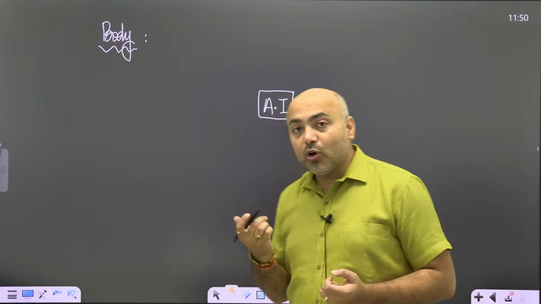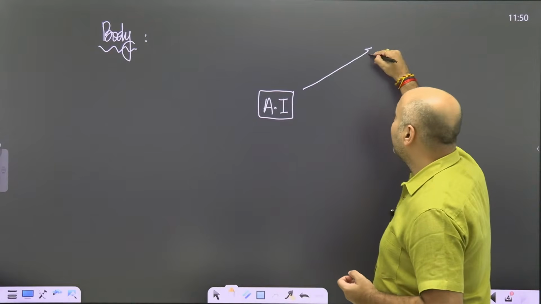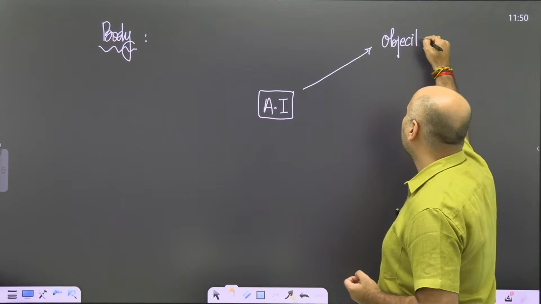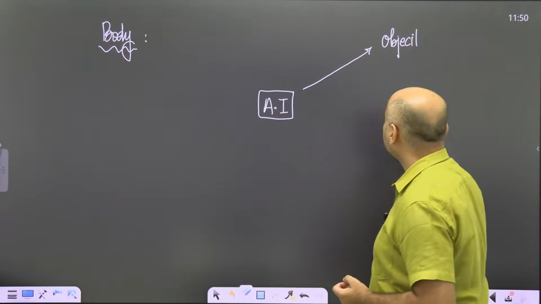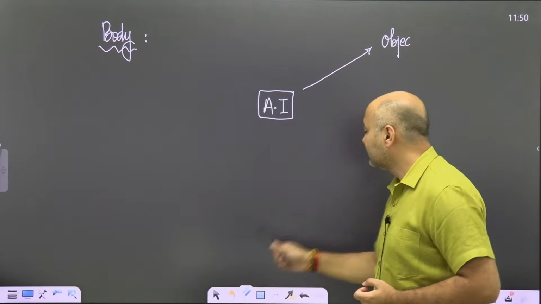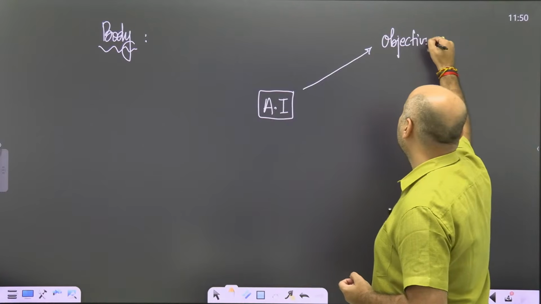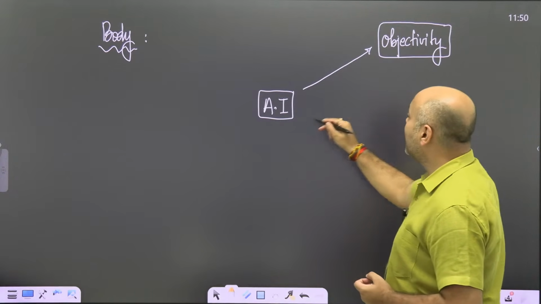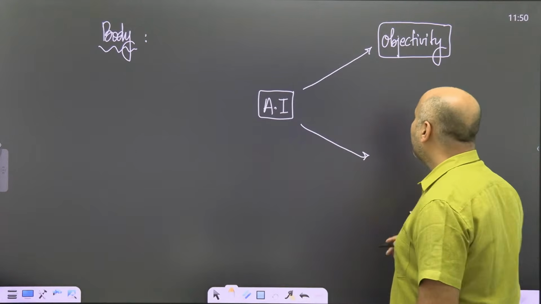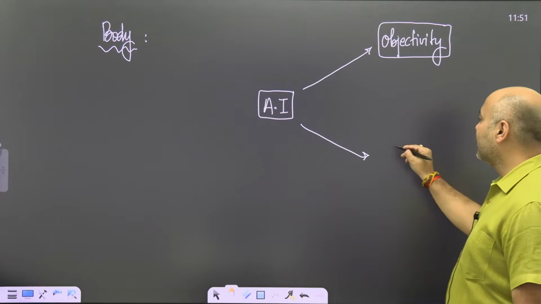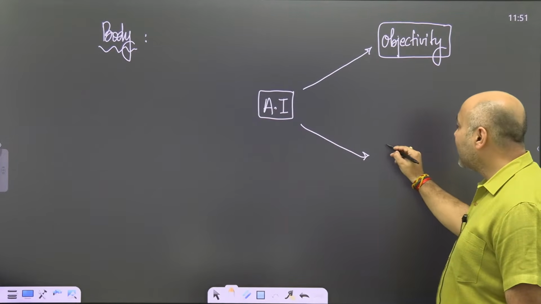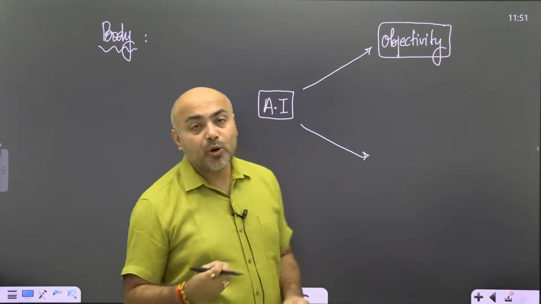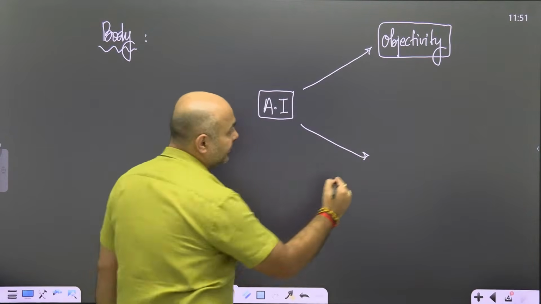So we can always talk about artificial intelligence having the capability to uphold values of objectivity, or for that matter, when we talk about values of efficiency.